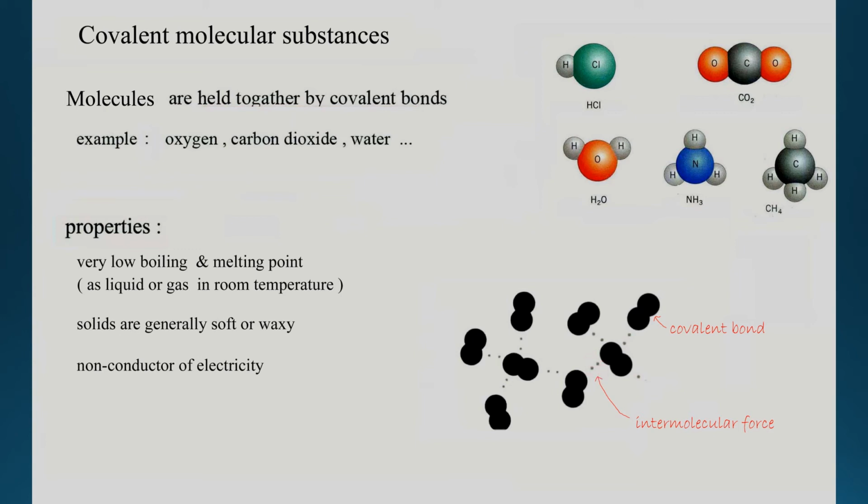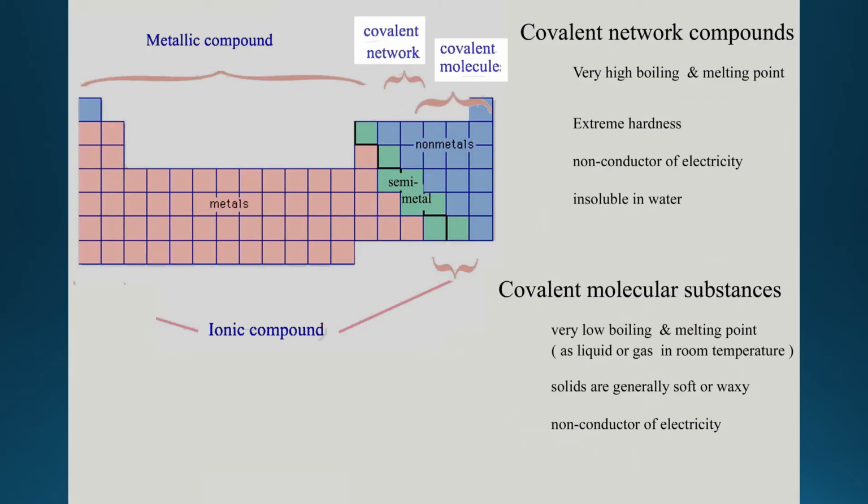This explains the properties of the covalent molecule: why it has such a low boiling and melting point, and why it is always liquid or gas at room temperature.